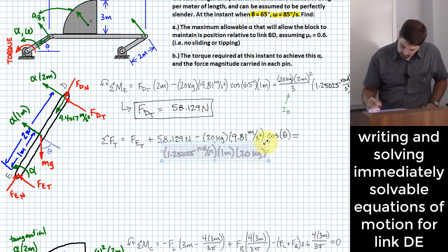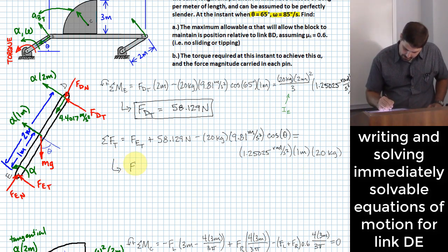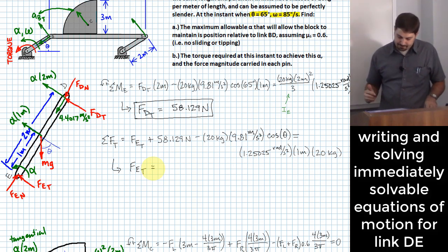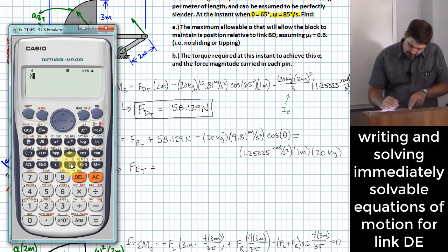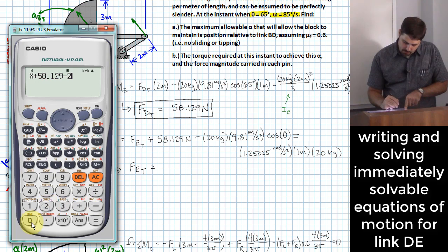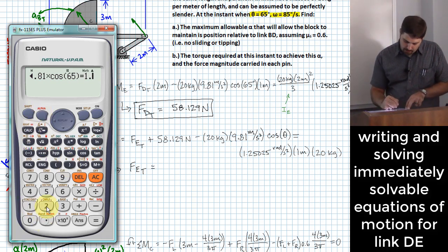When I punch all of this in, I can determine what that tangential component is for the force in pin E. So I do that like this: x plus 58.129 minus 20 times 9.81 times the cosine of 65 degrees is equal to 1.25025 times 1 times 20 kilograms.